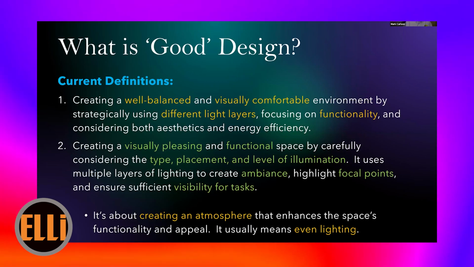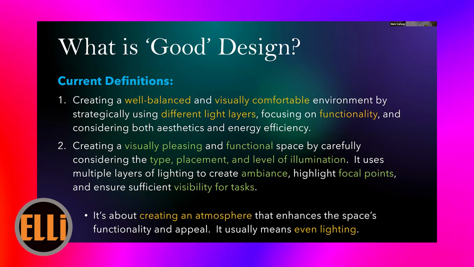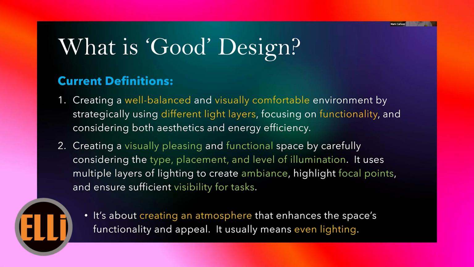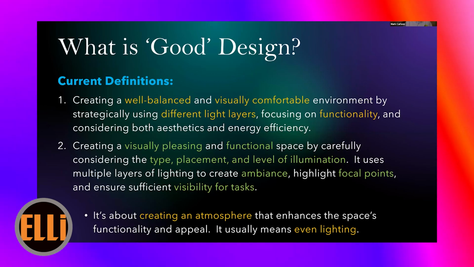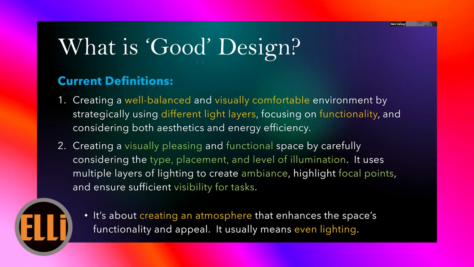That's the first definition. The second definition, which is similar but a little different: creating a visually pleasing and functional space by carefully considering the type, placement, and level of illumination. It uses multiple layers of lighting to create ambience, highlight focal points, and ensure sufficient visibility for tasks.